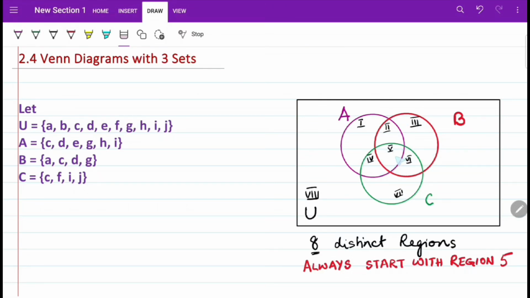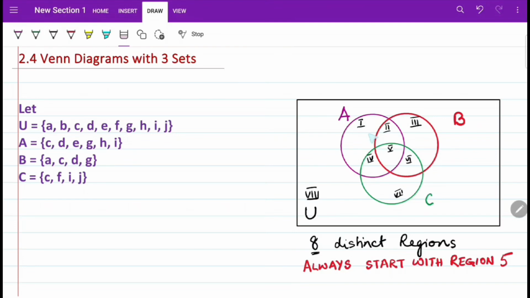That means region 5 is going to hold the elements that are common to set A, B, and C. And then we have region 2, which is the intersection between set A and set B. So it's going to hold elements common to set A and B. Region 4 is going to hold elements common to set A and set C. And then region 6, elements common to set B and C. It's the intersection between set B and set C and vice versa.